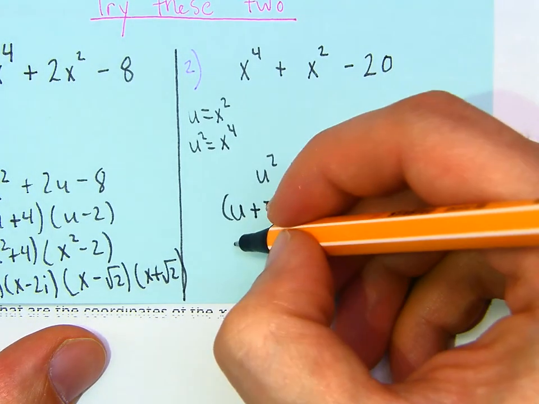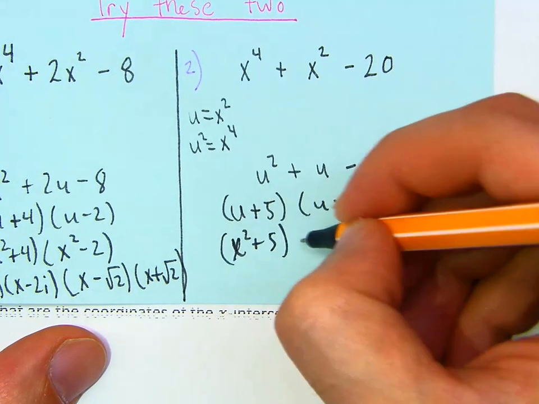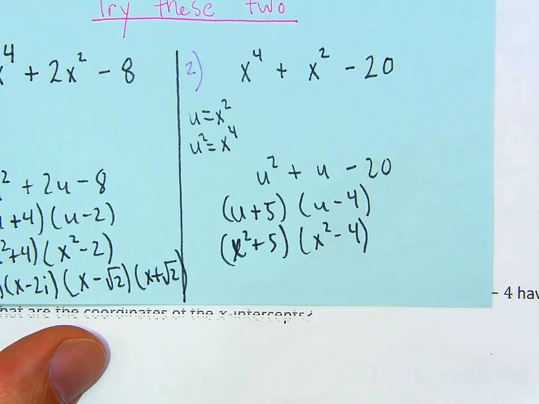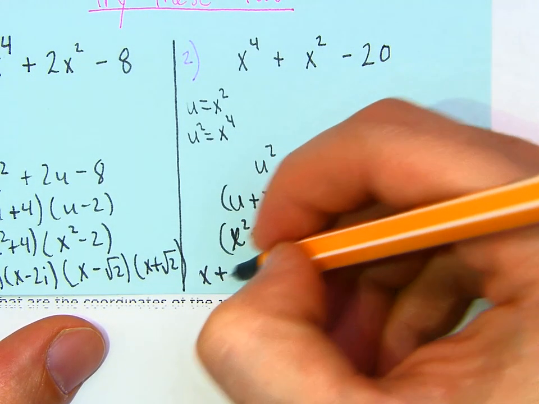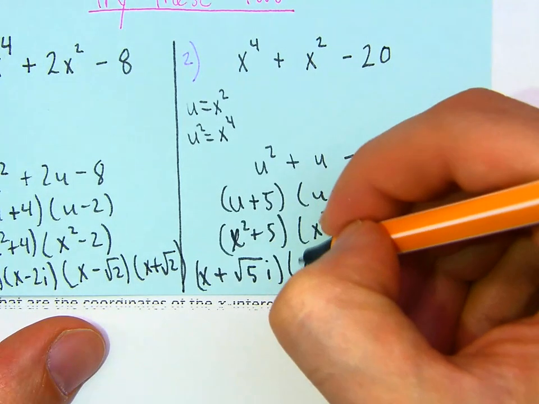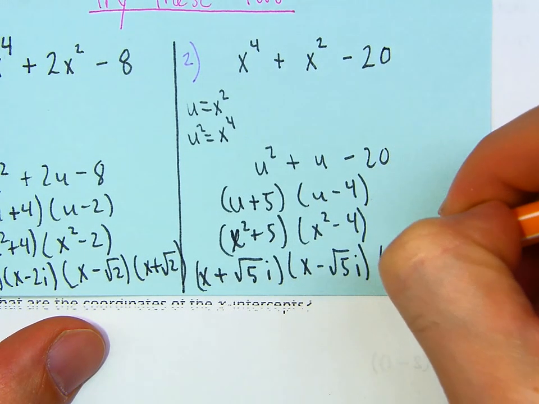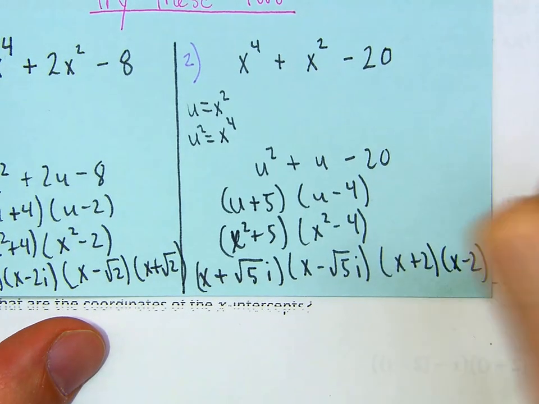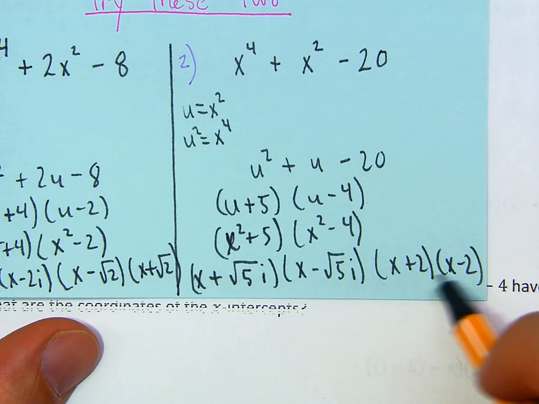But then this becomes x squared plus 5, x squared minus 4. So now we have x plus square root 5i, x minus square root 5i. And this is x plus 2, x minus 2. Okay? Because this factors like this, and this factors like that.